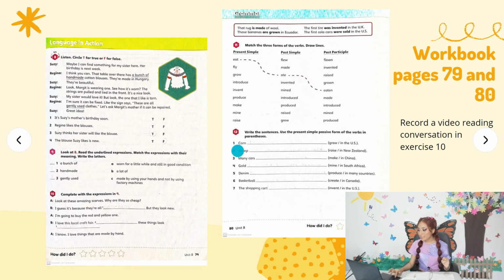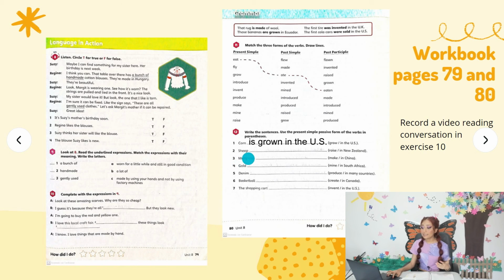So this one is singular. For that reason, I'm going to use corn is. Y luego tengo el verbo grow. Y in past participle is going to be grown. Corn is grown. Y ya voy a usar lo que me reste. In the United States. Okay, then we have sheep. Sheep, singular or plural?